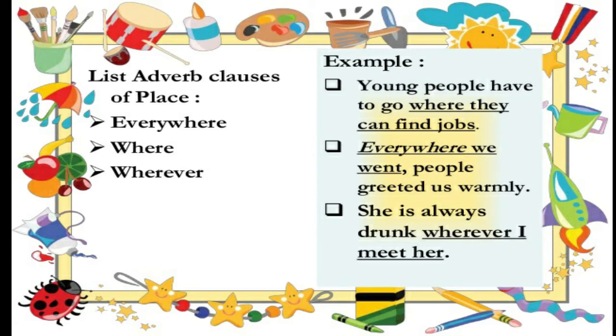Everywhere we went is an adverbial clause, a dependent clause. And the next one, she is always drunk wherever I meet her. She is always drunk is the main clause. Wherever I meet her is again an adverbial clause, or dependent clause. Is it clear?